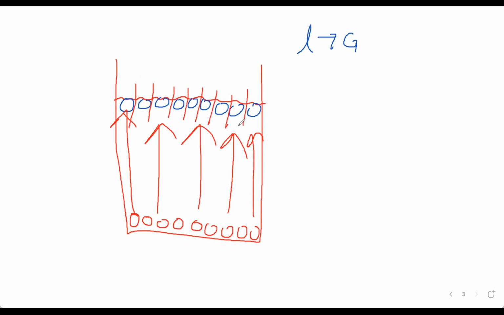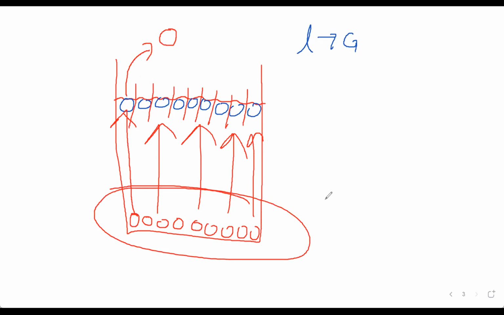Once they have enough energy to break the forces of attraction, they'll escape to the surrounding as gas molecules, right? So because the energy of the remaining molecules decreases, what will happen to the temperature? It decreases as well.